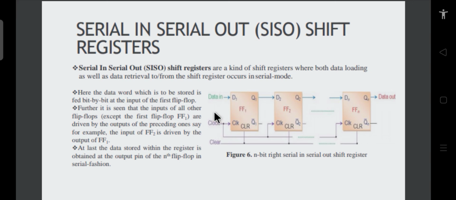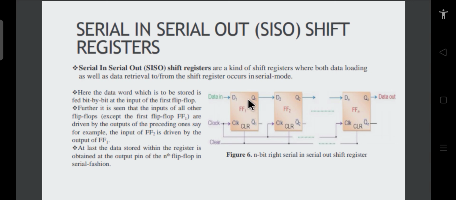As I have told you, the previous case which we have seen was also a serial in, serial out shift register. In the previous case we saw a 3-bit serial in, serial out shift register, whereas here, if you have n bits, you can use n flip flops.